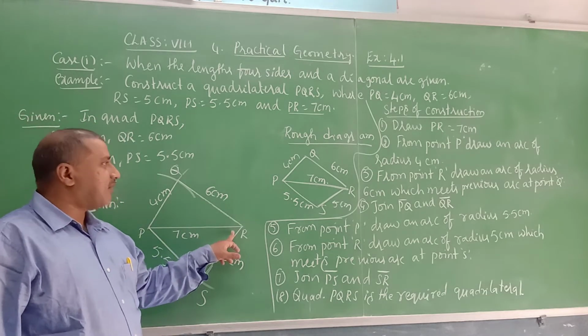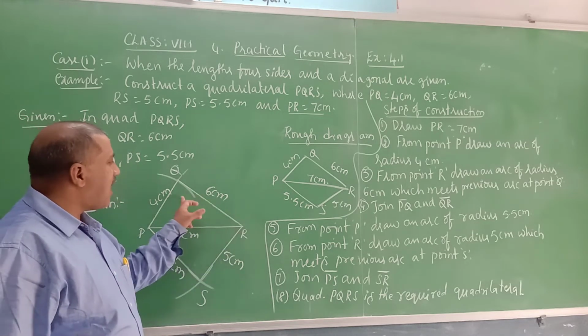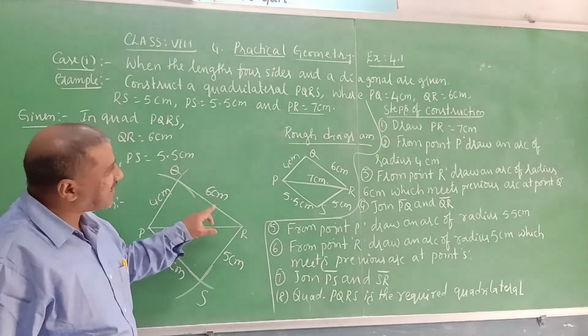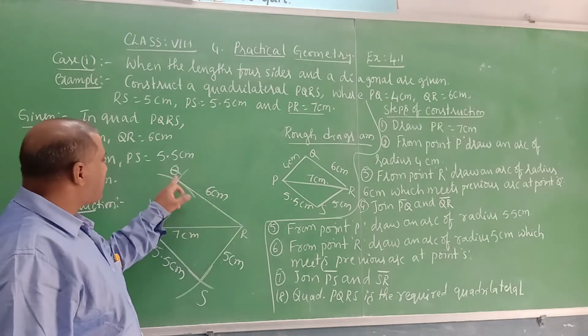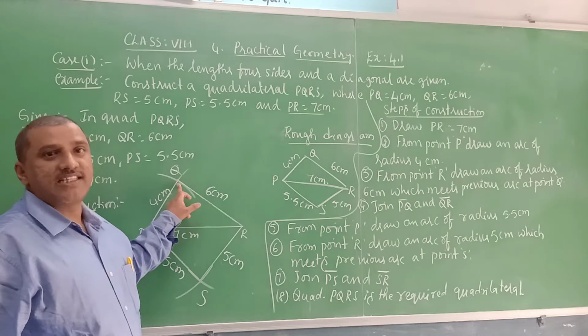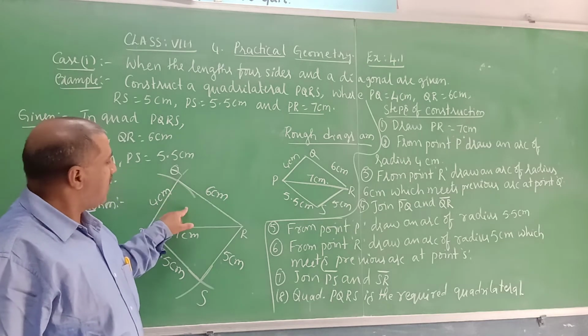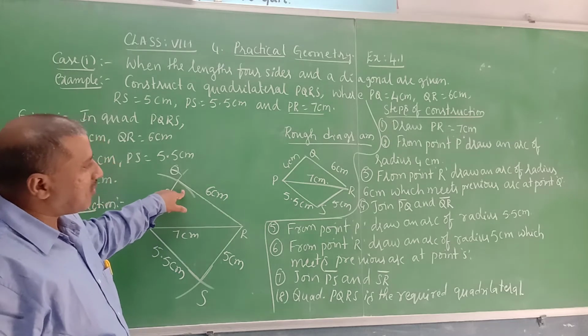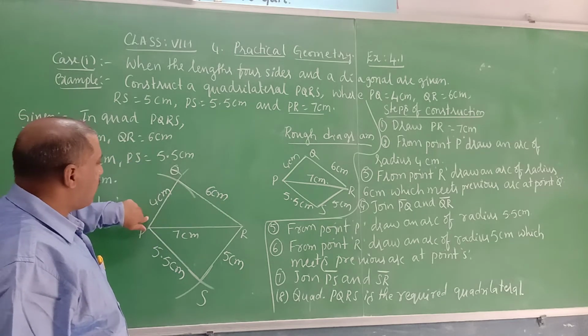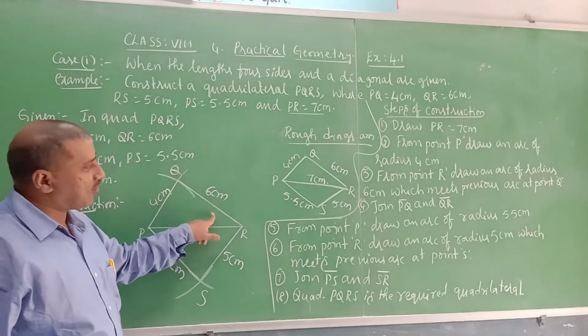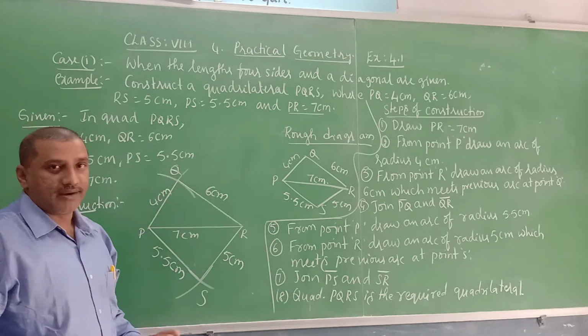Third step, from point R, draw another arc of radius 6 centimeters, which meets the previous arc, that is, they intersect each other at point Q. Then we join PQ and QR. Fourth step is join PQ and QR.